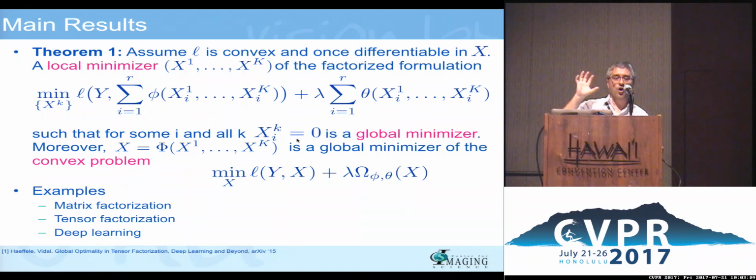So if a collection of weights is equal to zero, then that local minimizer is global. Moreover, phi of those weights is also a global minimizer for this convex problem.